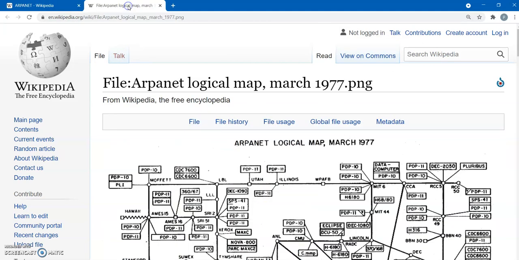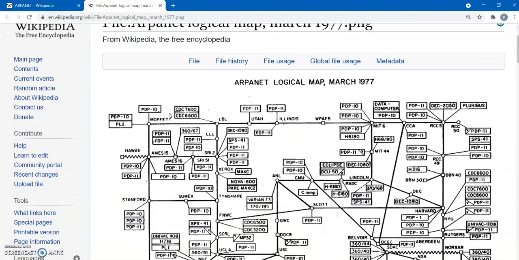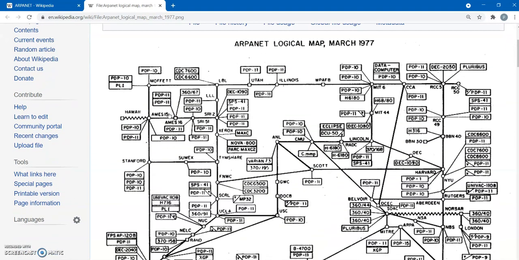And let's see the ARPANET logical map. We can see that geographically we have different states, they are connected, and to the specific domains they have the connected universities and the DoD departments.